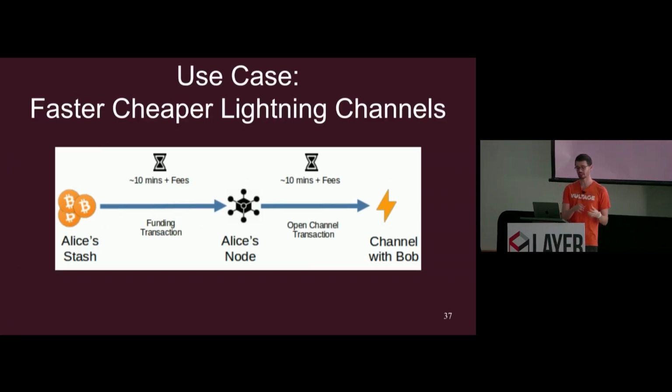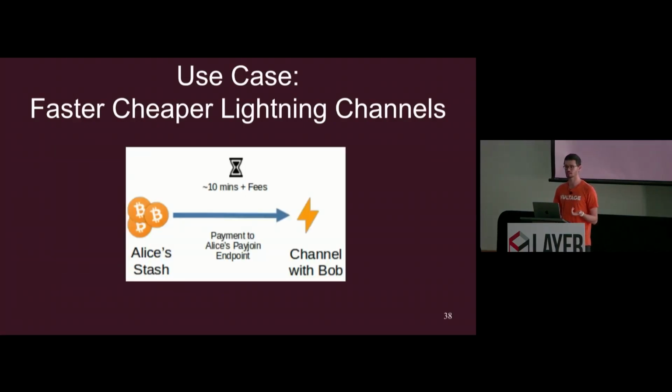And then using that, she can create a channel with Bob or a channel with whoever, however many channels she wants, right? But with this transaction cut-through idea, why can't she knows in advance where the outputs are going to go? Why can't she just send them there directly, right? So if the Lightning server is Payjoin enabled and her wallet is Payjoin enabled, this is a possibility, right?